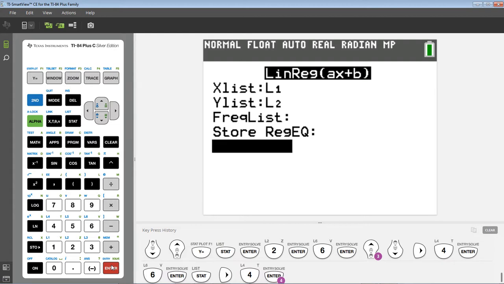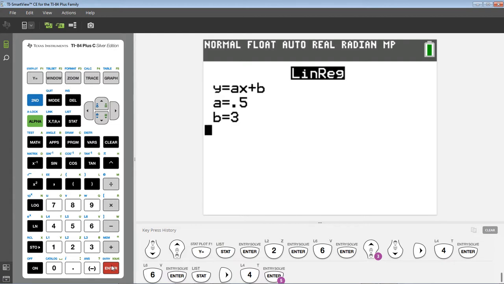Enter, enter, enter, enter, enter. And there we are, given a equals 0.5, b equals 3. We can write that out as y equals 0.5x plus 3. If you ever forget, you've got it written right here. Just plug in the values.